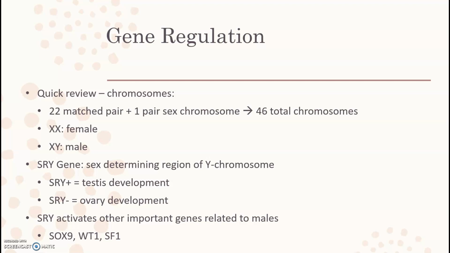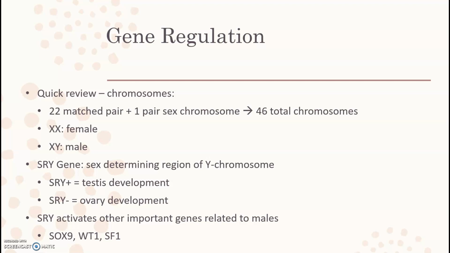So let's say the female gives an X, the male doesn't give anything, so it's X0 or XO. That is still a female. Someone who has that has Turner syndrome, and that's because they're a female, but they might not fully develop as a female, so there could definitely be problems down the road for them.